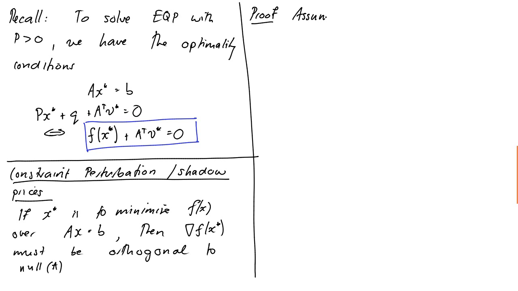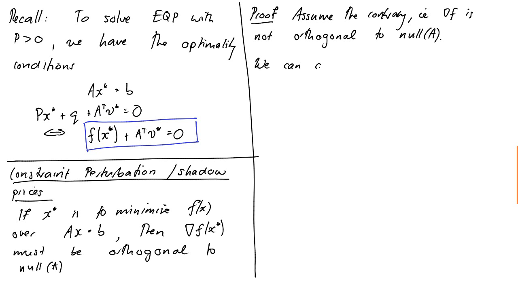We'll assume the contrary, i.e., grad f is not orthogonal to the null space of A. If it's not orthogonal to the null space of our matrix A, then we can choose a vector p in that null space such that the gradient dotted with p, which up to a scale factor is the directional derivative, is negative.